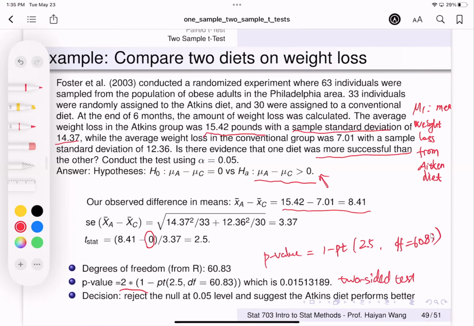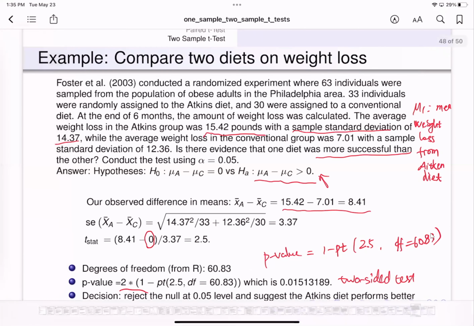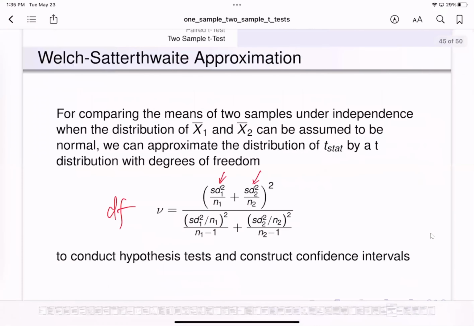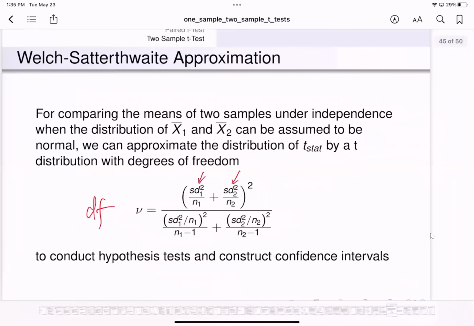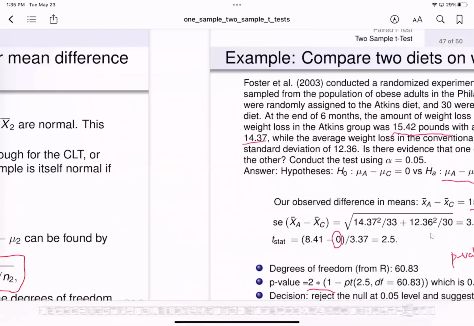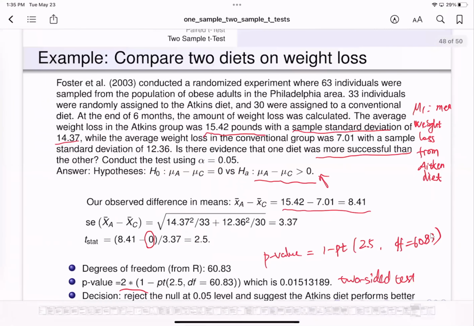And how do we compute this degrees of freedom? We simply use the formula on this slide. The sample variance and the sample size combined together compute this degrees of freedom. Okay, and once we compute the p-value, in this case after multiplying by 2, it's 0.015.